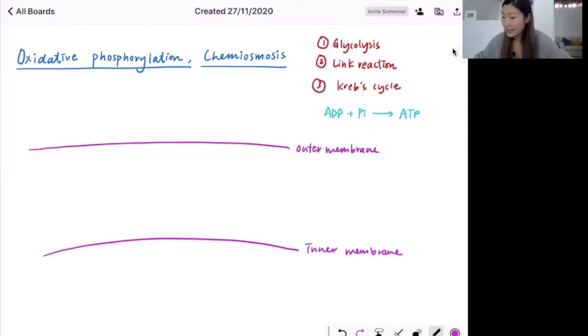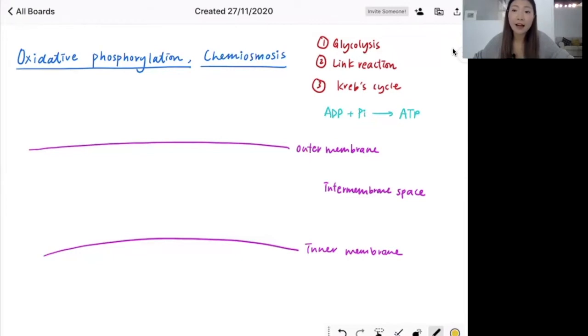In between is a space we call the intermembrane space, which is a very important location where hydrogen ions accumulate. That really builds up this electrochemical gradient. Moving on, on top of the inner membrane we can find quite a lot of membrane proteins that sit on the inner membrane.